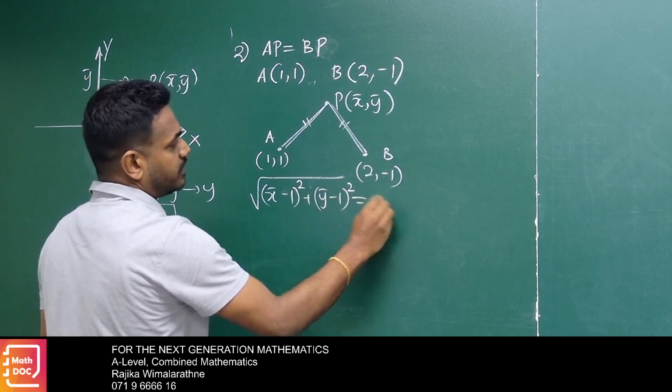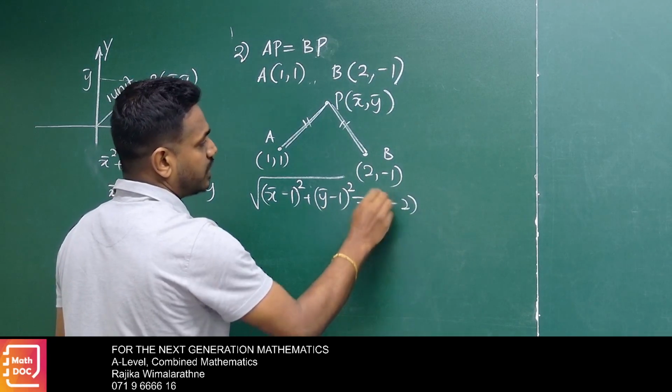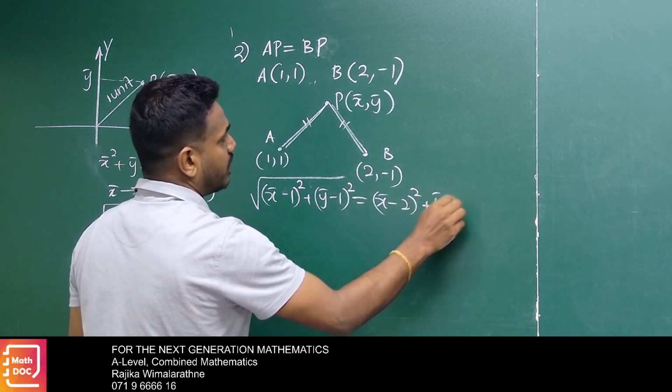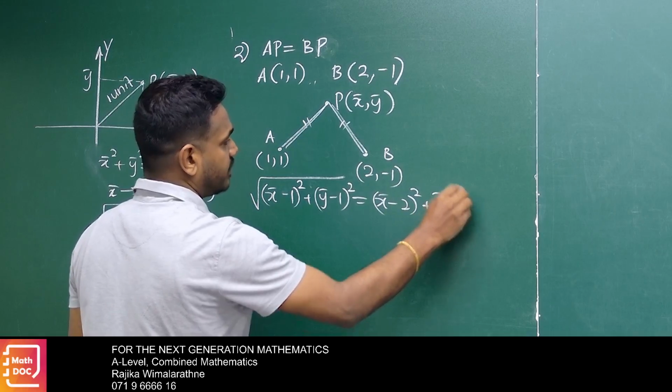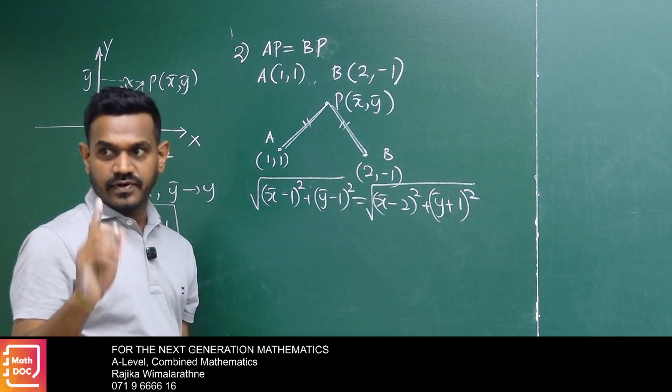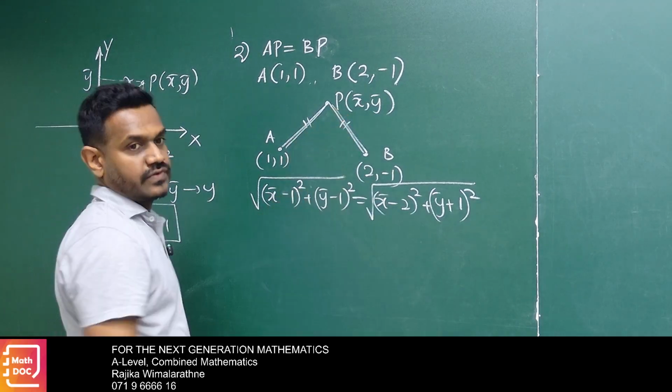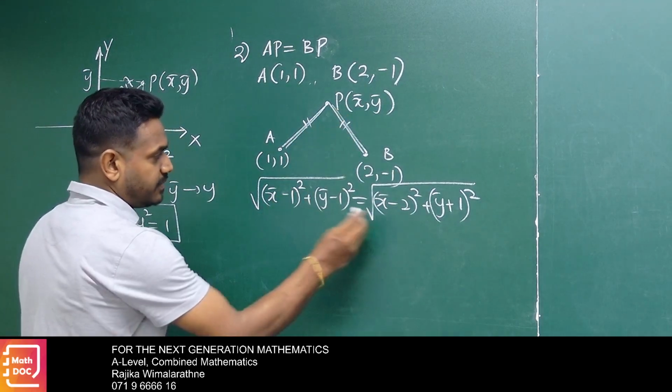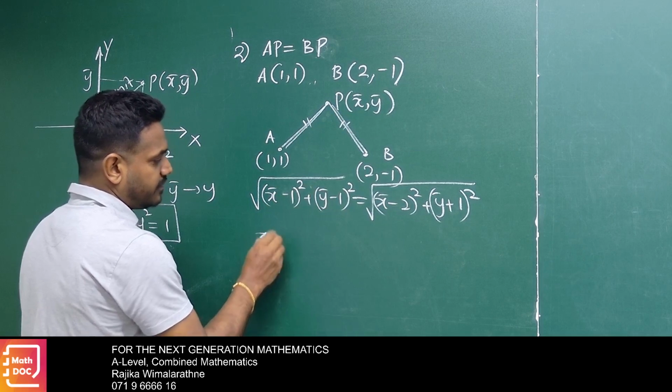Then BP equals square root of (x bar minus 2) square plus (y bar plus 1) square. No? Distance formula: x difference square plus y difference square, root. Then simplify this one, square both sides and simplify.